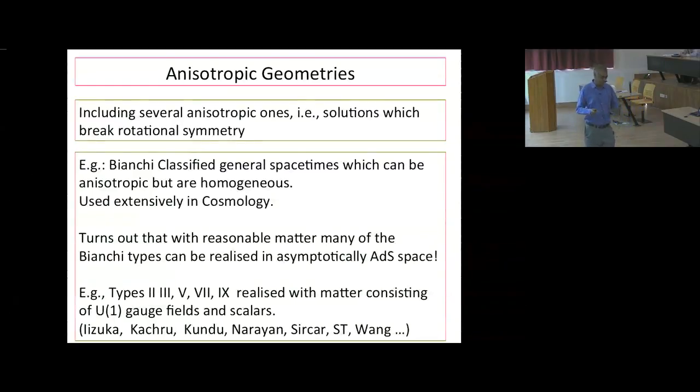And it turns out that you can realize many of these Bianchi types in the context of an asymptotically AdS space with very reasonable matter, gravity, gauge fields, scalar fields, and you can realize type 2, type 3, type 5, type 7, type 9 in very simple systems. And so that tells you the kind of structures you can get.